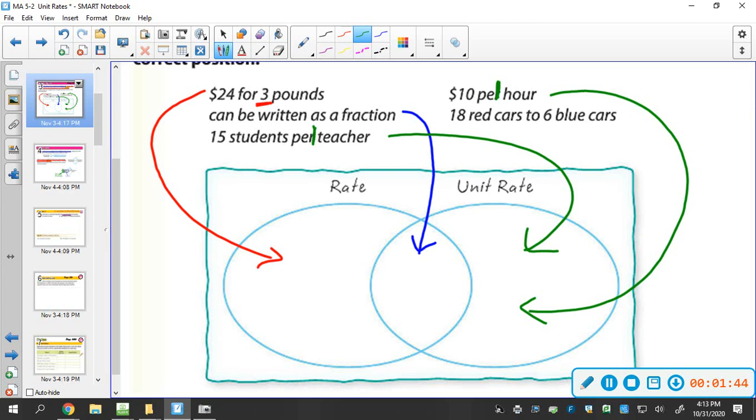That is a rate, but not a ratio. So notice it's cars to cars, it's red car, and then blue car, so they're a little bit different. And that second number is not a 1, so that would be a rate here. Okay, so hopefully you understand the difference between a rate and a unit rate.